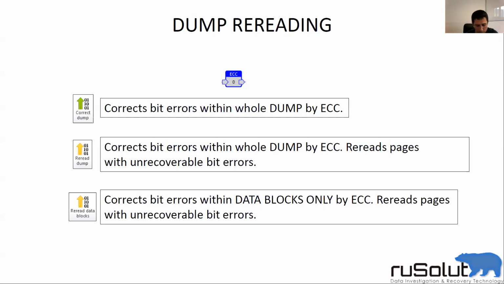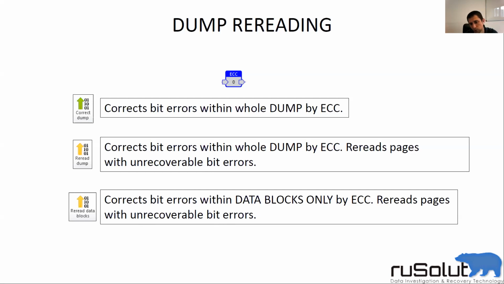Each block was analyzed, and the software decided: this block has data, this block doesn't have data. So after the reading, the software has a map of blocks with user data. With this option, you can greatly increase the speed of rereading. It will not read the whole dump, it will read just the data blocks only.